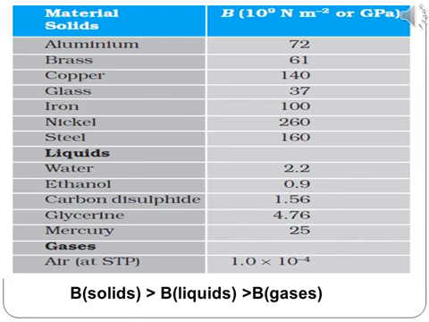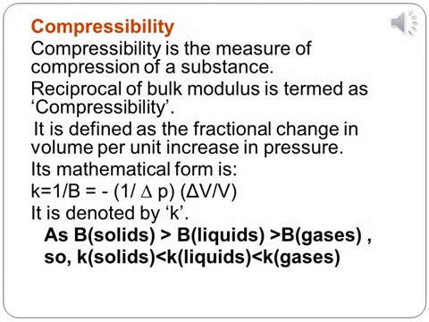For example, the bulk modulus of aluminium is 72 into 10 to the power of 9 Newton per meter square or 72 gigapascal. From this table, you can compare the bulk modulus of solid, liquid and gaseous substances, and it is seen that the bulk modulus of solids is greater than that of liquids, which is greater than that of gaseous substances.